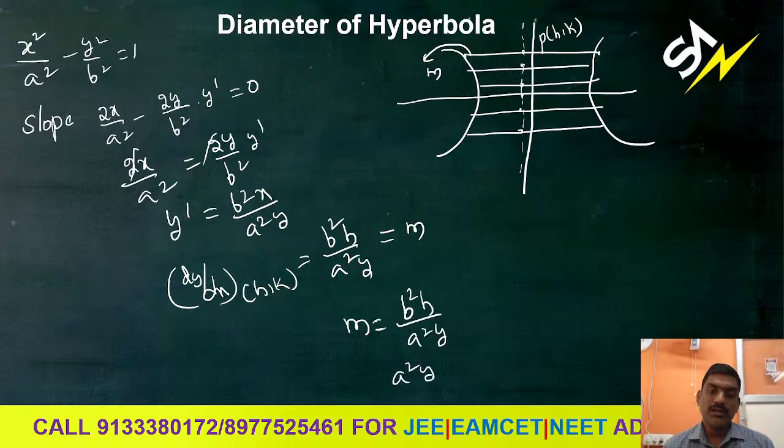Then a square k is equal to b square h divided by m. From this, k is equal to b square h divided by a square m.